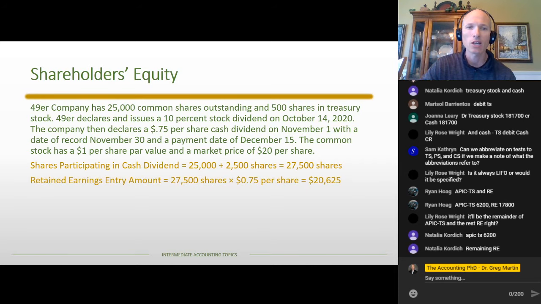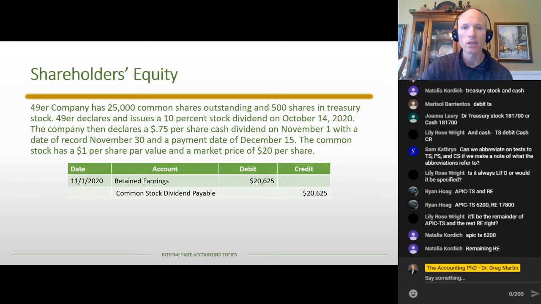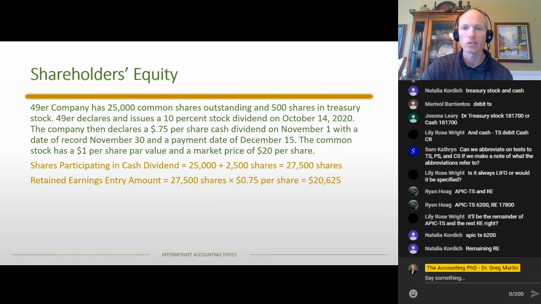The entry amount for retained earnings is the 27,500 times the cash dividend per share, and so the entry amount is $20,625.